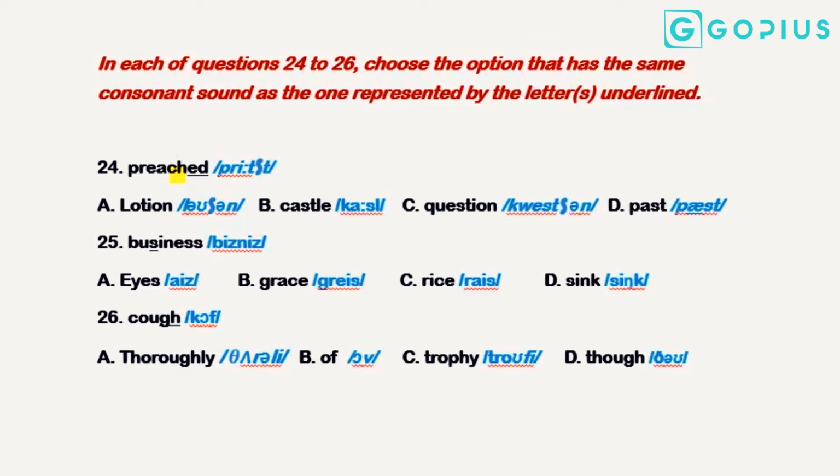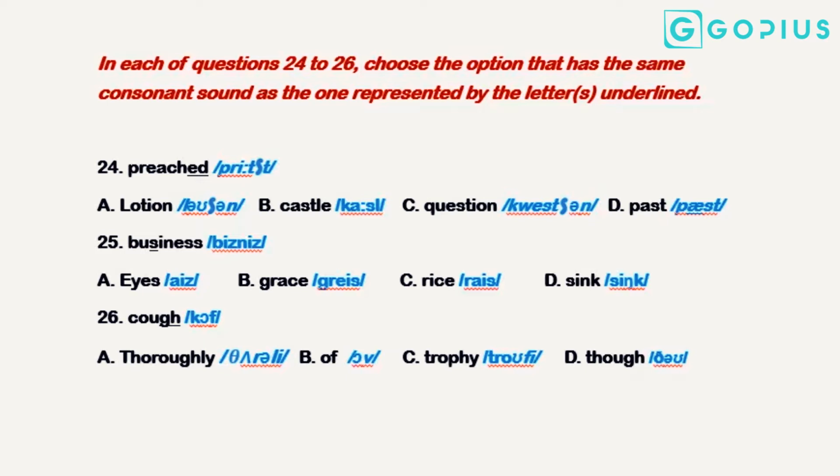In our previous classes, when we spoke about the past tense marker, don't forget that we learned that once we have a voiceless consonant sound at the end of a word, the past tense marker, be it ed or just d, would take the voiceless consonant past tense marker, and that is t. If it is a voiced consonant at the end of the word, the past tense marker will take d, which is the voiced consonant past tense marker.